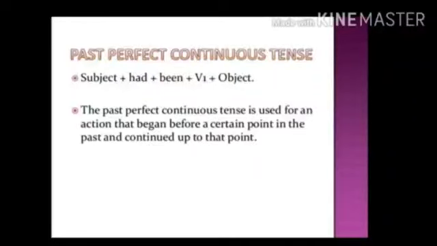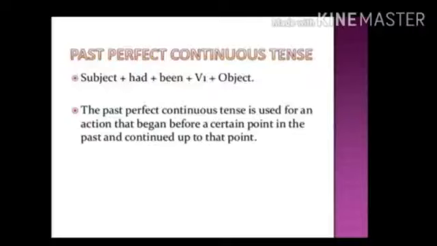And its structure: subject plus had plus been plus V1 plus ing or V4 plus object. Once again, subject plus had plus been plus V4 plus object or V1 plus ing plus object.